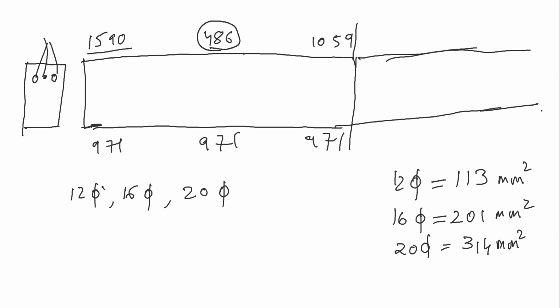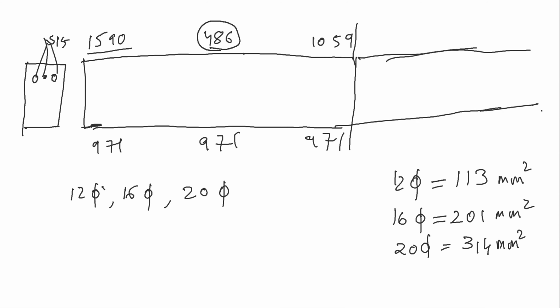This total area is 515. I am writing it over here. 515, okay, 515 we already reached. So if you deduct that, almost 1100 is still behind. We still have to provide 1100.